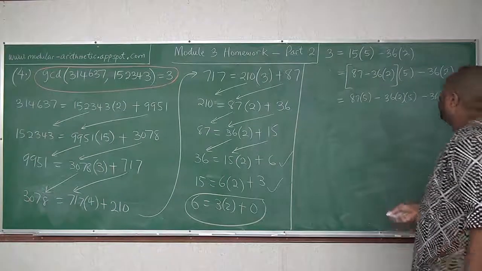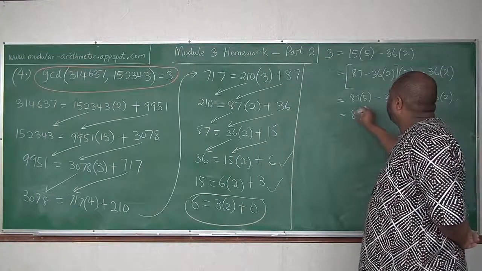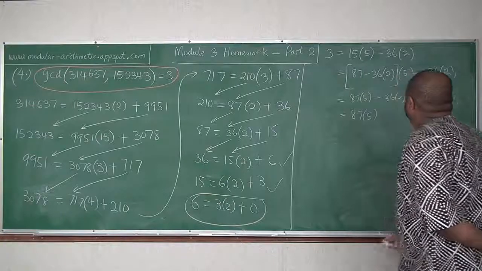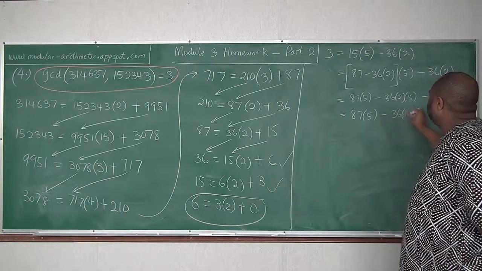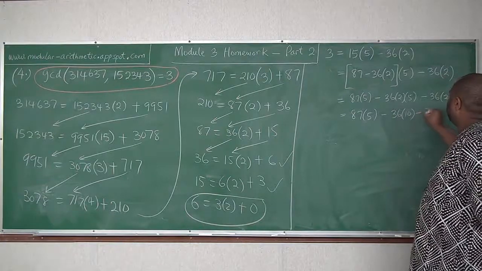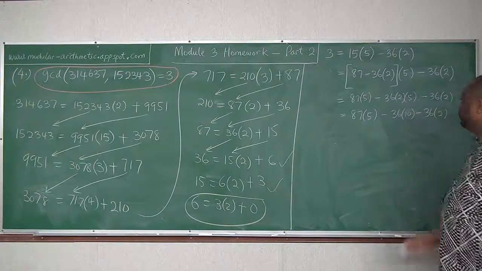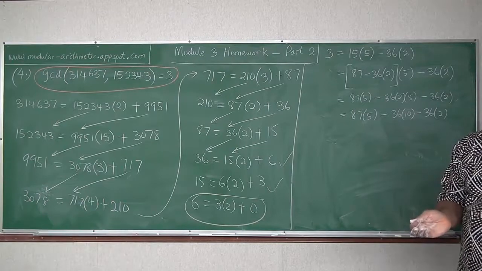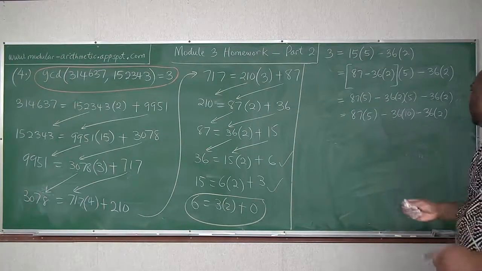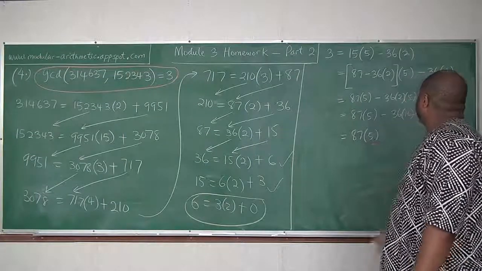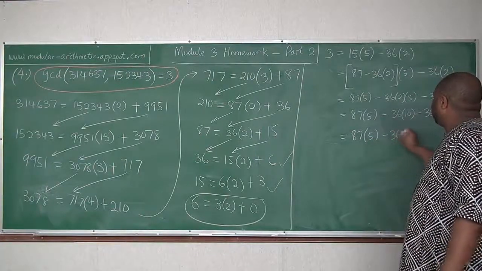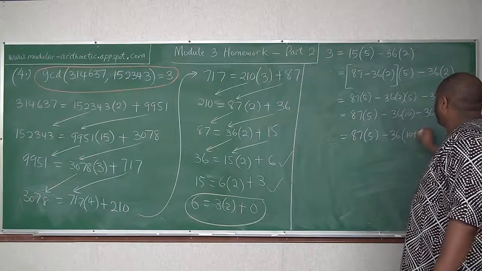Okay? And this is 87 times 5, okay, minus 36 times 2 times 5 is 10, minus 36 times 2. Okay? I gotta get the 36 together. So this will be 87 times 5 minus 36, and this is 10 plus 2.